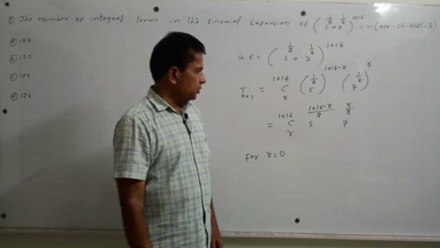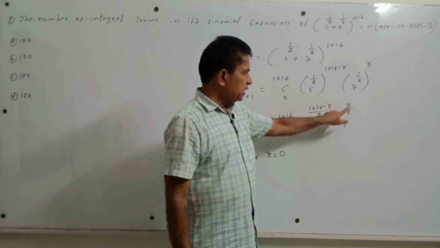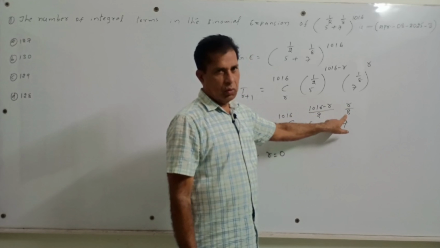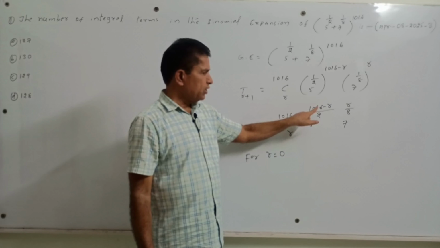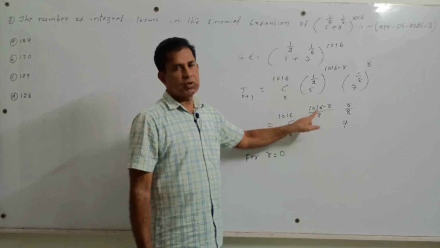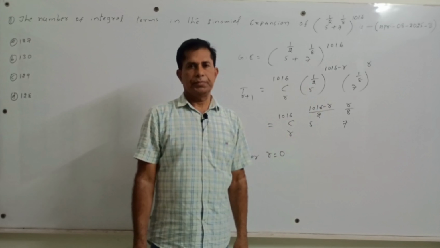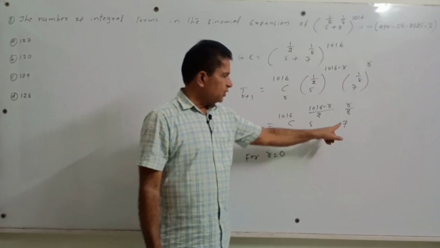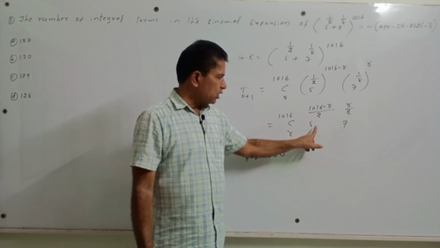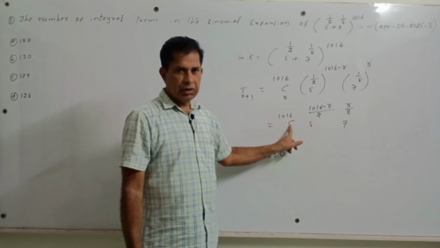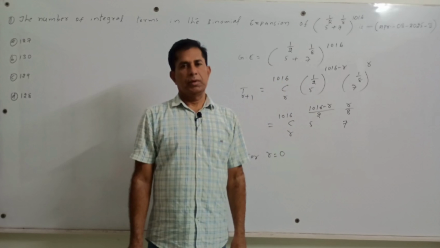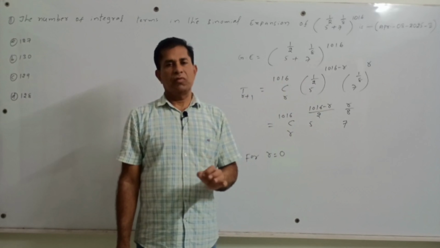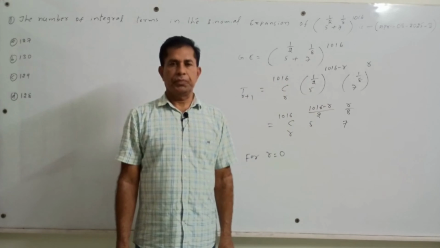If r becomes 0, 0 is divisible by 8, so the 8th root is eliminated. For r equal to 0, 1016 is divisible by 2, so the square root is also eliminated. Therefore this term will become an integer, so that term is an integral term. For r equal to 0, we are getting one integral term.